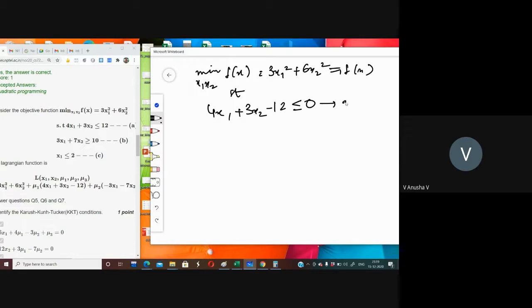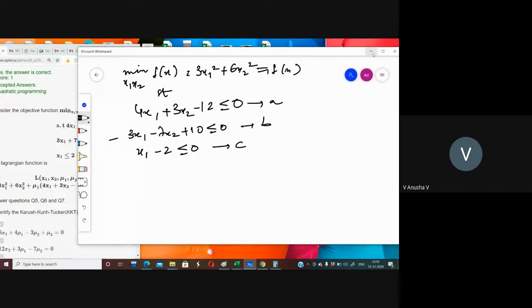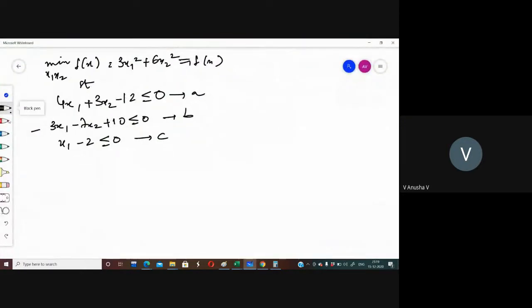This is one inequality constraint. Next, minus 3x1 minus 7x2 plus 10 less than or equal to 0, and x1 minus 2 less than or equal to 0. This is another constraint. The Lagrangian function they have given. Even though they have given it, let's write it because we already know what it will be.